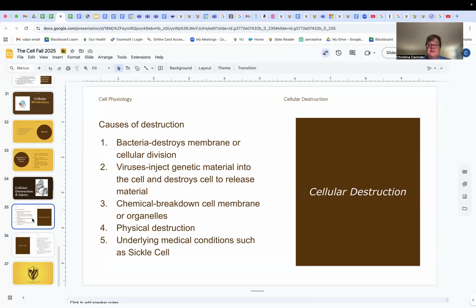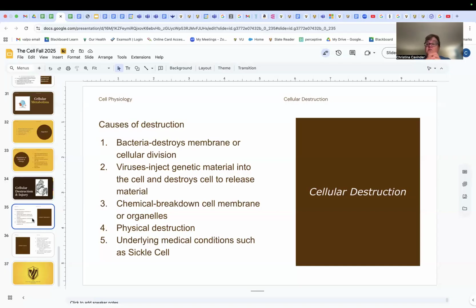Viruses, there's always a debate on whether viruses are a living thing or not. The thing with viruses is that it attaches to the cell membrane, and it injects the genetic material inside the virus into the cell. So your cell will replicate the DNA of the virus. So it's basically creating more virus. And it's using up all the energy the cell needs to make all these little pieces of DNA or all these extra viruses.